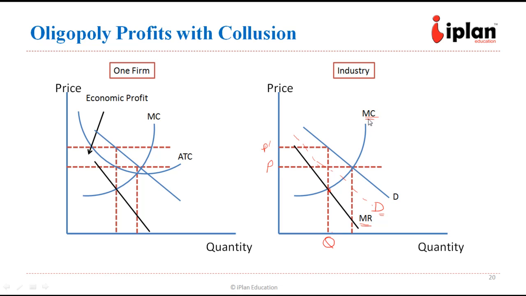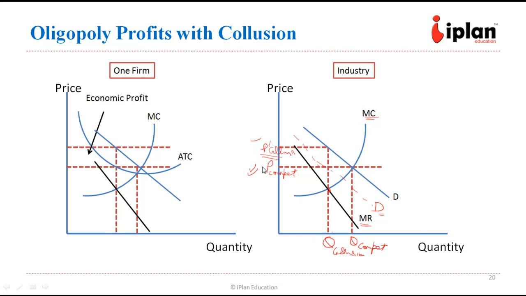This is the case of oligopoly where there is still competition. But if they artificially raise the price, the quantity produced will be smaller. So this is for the case of competition, and this is for the case of collusion. If collusion is happening, the price will become higher and the quantity becomes lower.